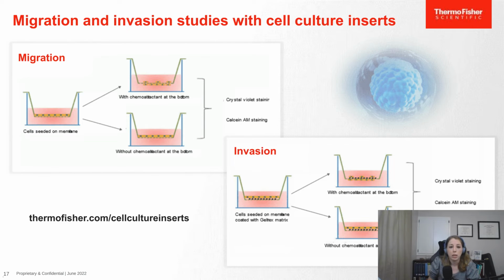Here we have diagrams showing the classic setup for migration and invasion experiments. For those that may not be familiar with them, cell culture inserts are essentially smaller wells that fit inside the larger wells of a well plate. This forms an upper chamber and a lower chamber where media conditions or cells can be seated separately, but can also interact.